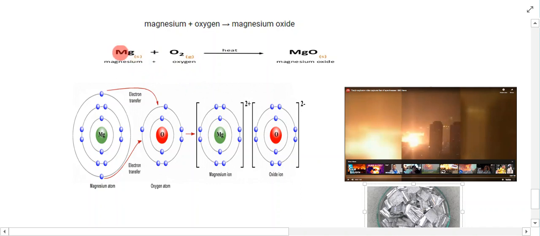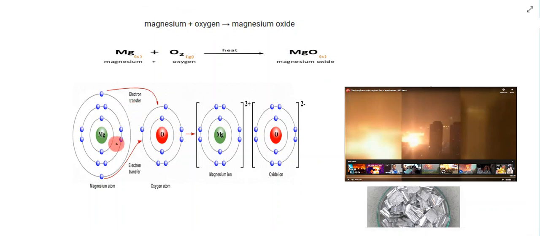That just means magnesium is in a solid form, and oxygen is in a gas form, which is in the air. This small 2 indicates there are two oxygen atoms bonded together. And here you have magnesium oxide. When these two atoms combine, magnesium oxide is produced, and it's a solid.